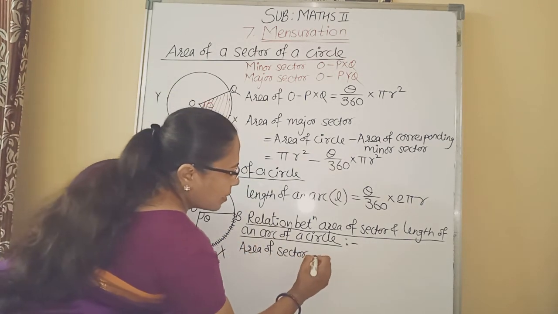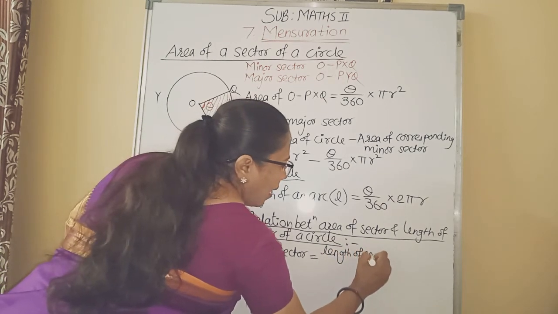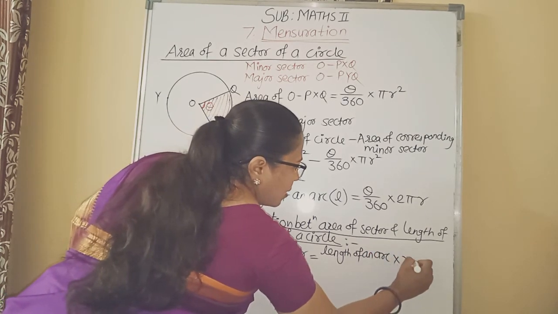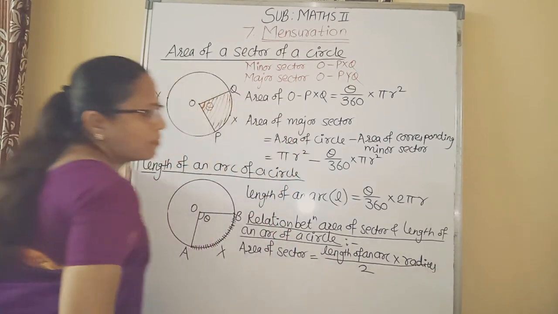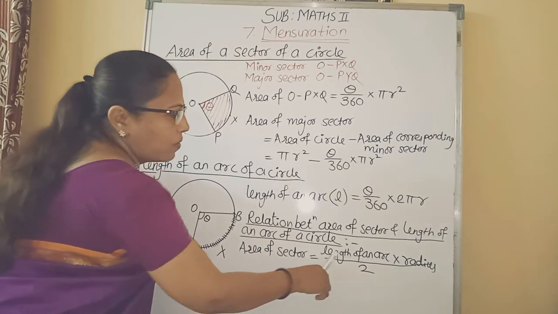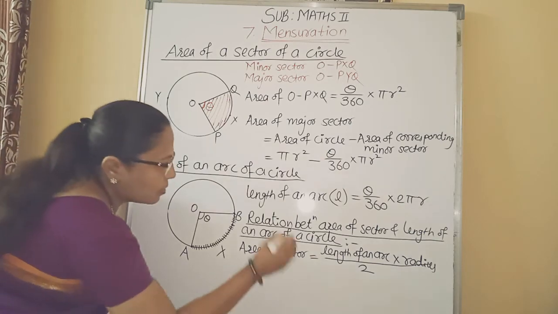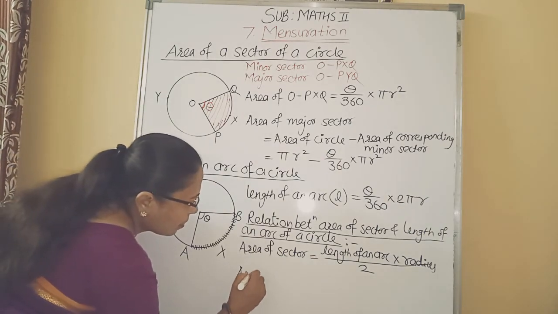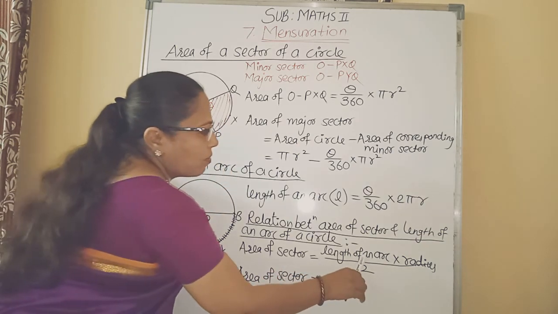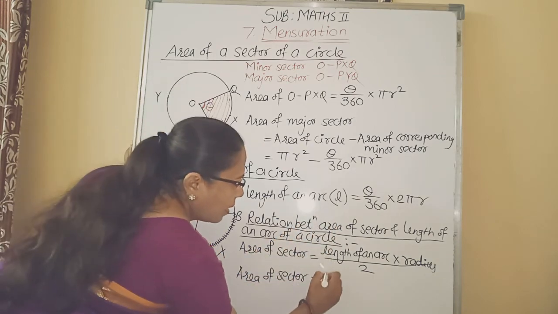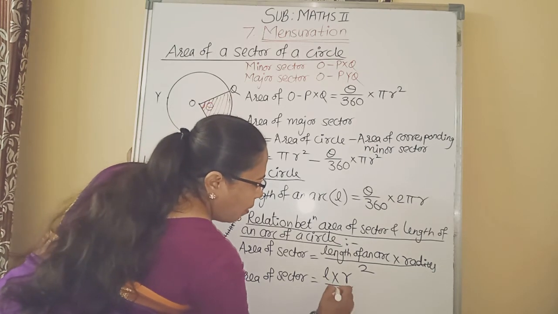Area of sector is equal to length of an arc into radius divided by 2. Area of sector is equal to length of an arc into radius divided by 2. This formula, using the symbol, we can write area of sector is equal to length of an arc is denoted by letter L and radius is denoted by R. So L into R upon 2.